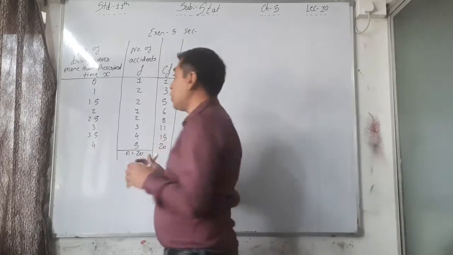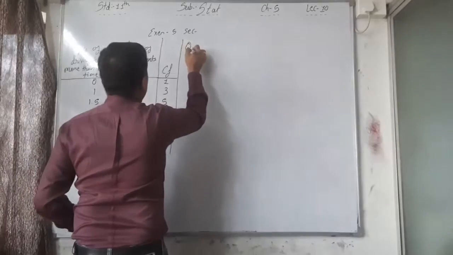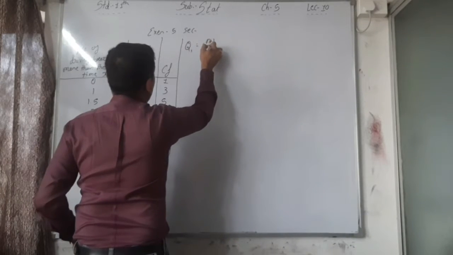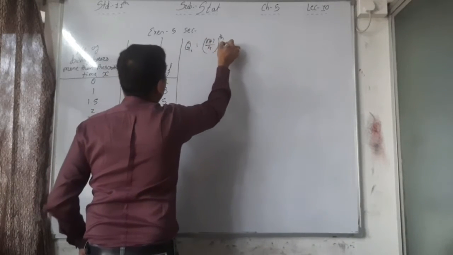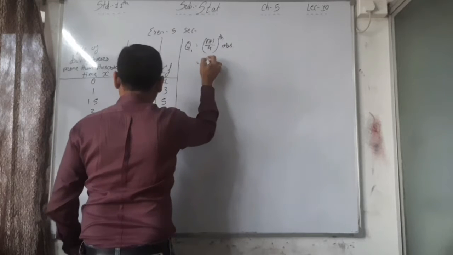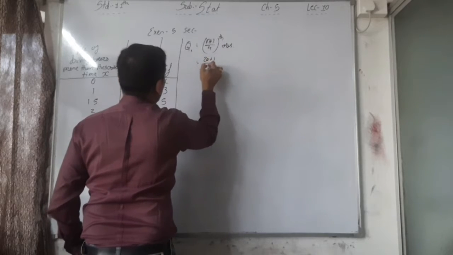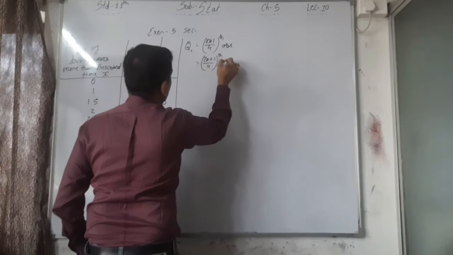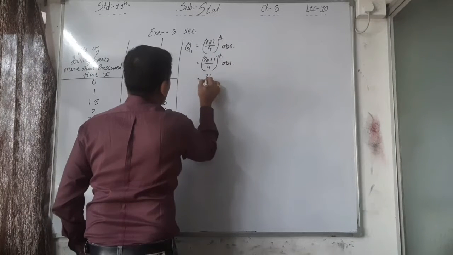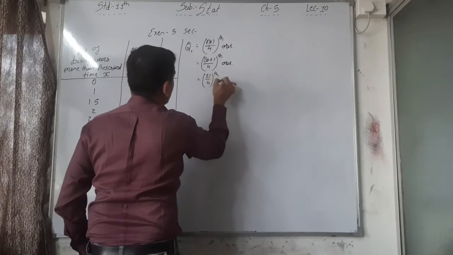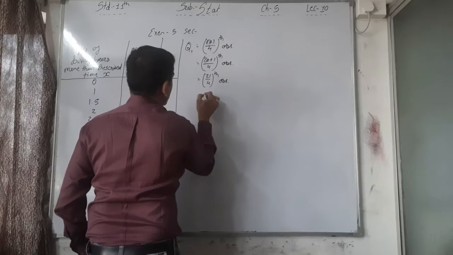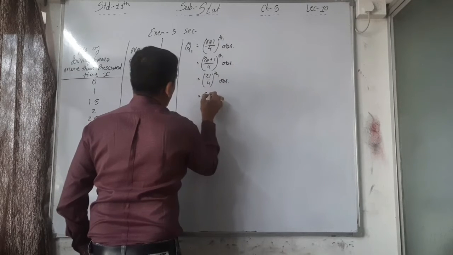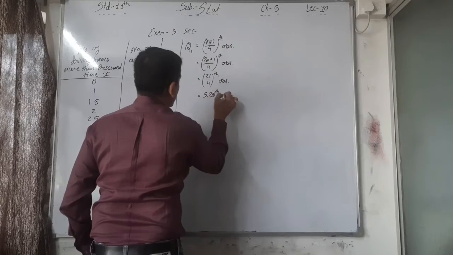Q1, Q2 and Q3. See, Q1 is equal to what? The (n plus 1) by 4th observation, that is (20 plus 1) by 4th observation, that is 21 by 4th observation, that is 5.25.